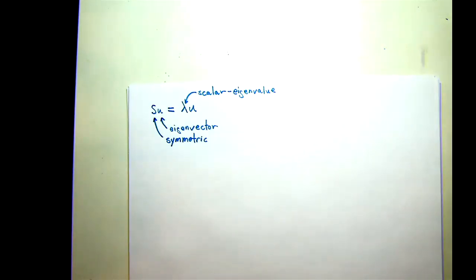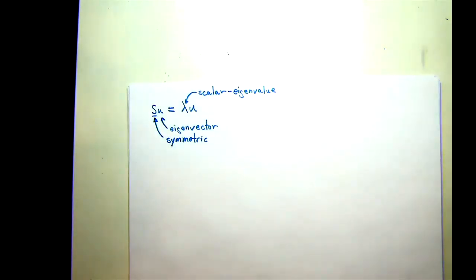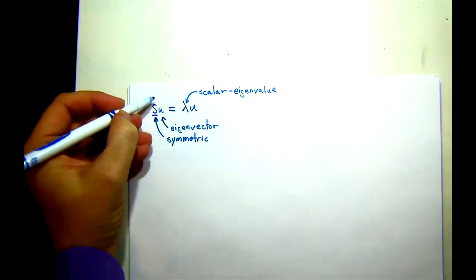So these eigenvalues are interesting. If you think of this S as a rotation, because symmetric matrices under certain conditions you can think of as a rotation. Actually, you don't have to think about it in that case. I'm jumping forward.